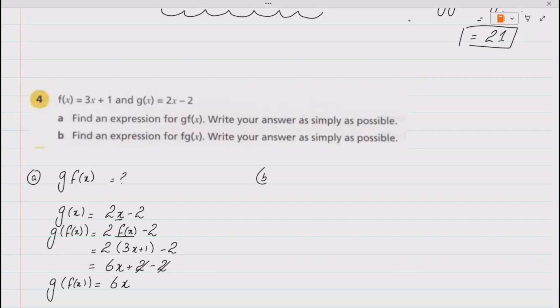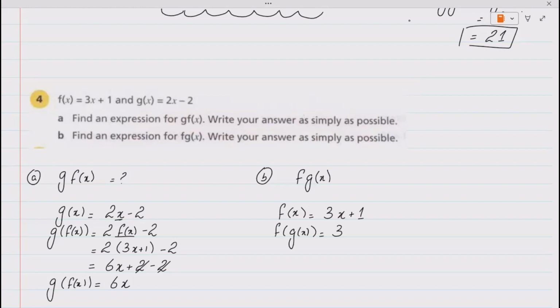Part B is we have to find f of g of x. So f of x is 3x plus 1. Now in place of x we write g of x.